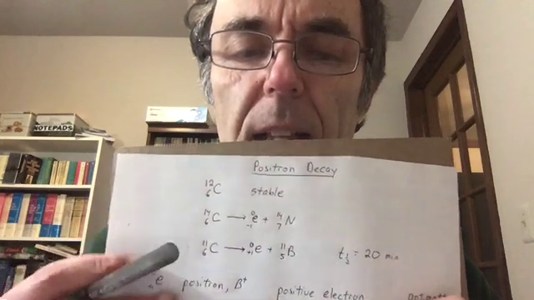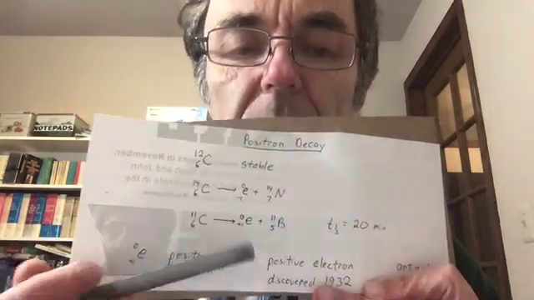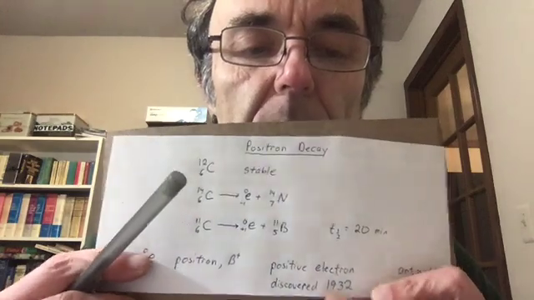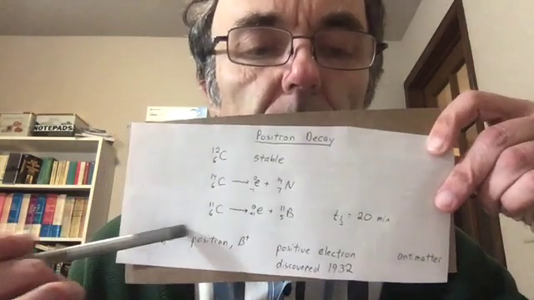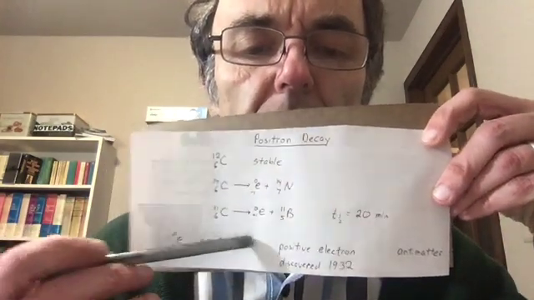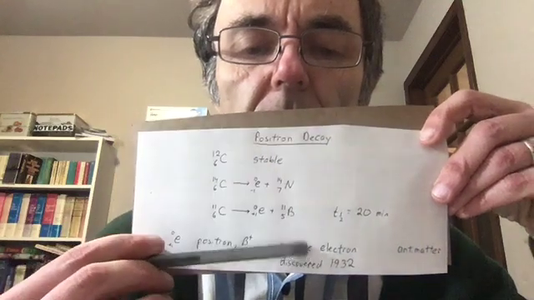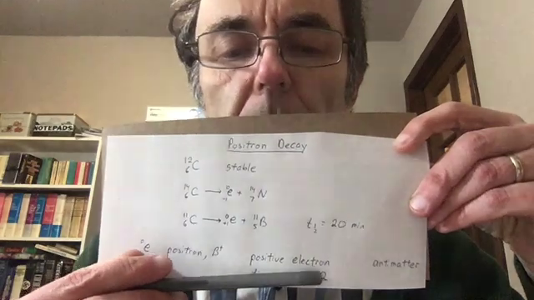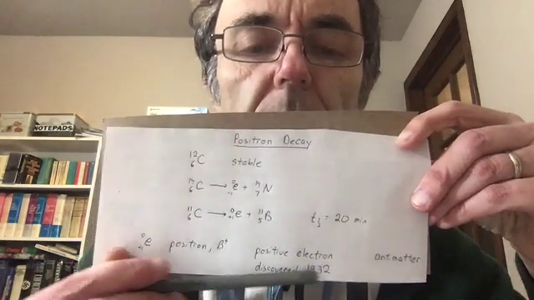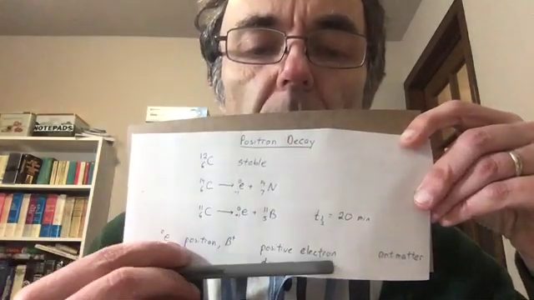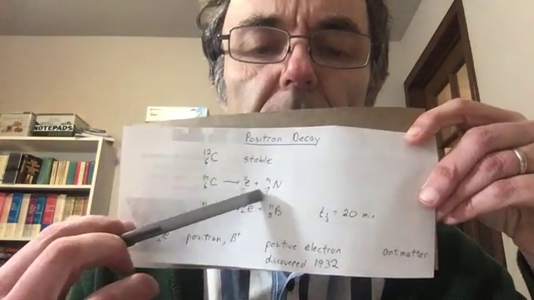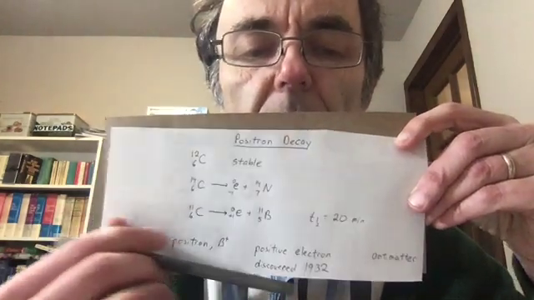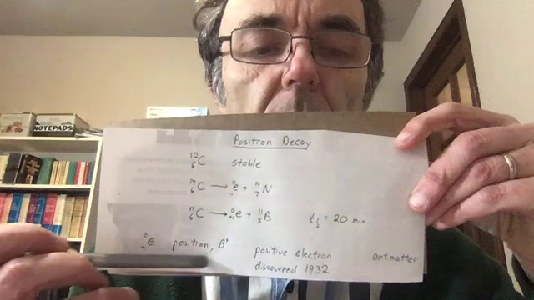A positron is a positive electron. It's an example of antimatter. These positive electrons, or positrons, were discovered in 1932. And keep your eye on 1932. That's going to be a big year for nuclear physics. We're going to see a lot of things happen in 1932. But you can emit the positive electron, an example of antimatter, and we often call this a positron.